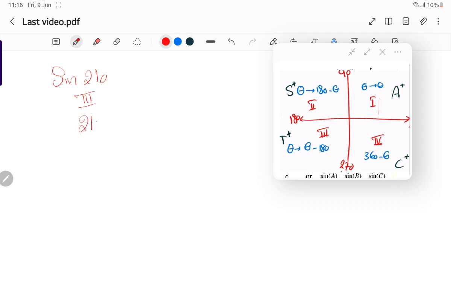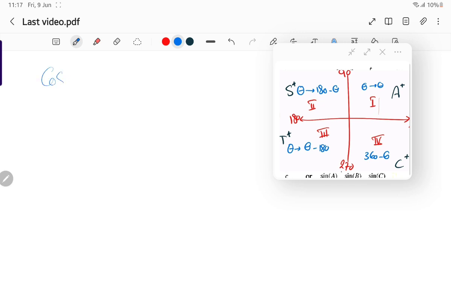So we write 210 minus 180, which is 30. So the answer should be sine 30. But when you look at the third quadrant, you see that only tan is positive, so this should be negative sine. You may not understand yet, I know, but you need a different example.